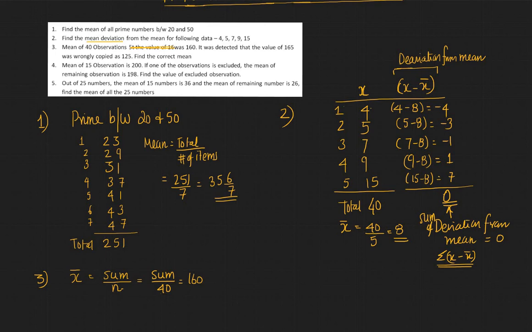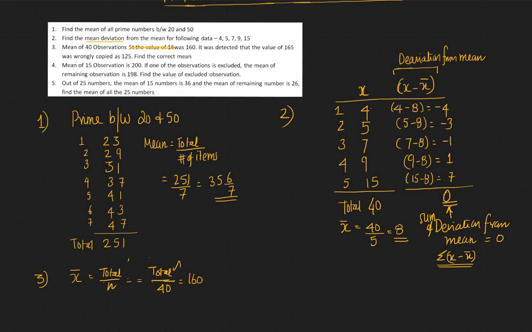So the total or sum is something that we can find out, because your mean is nothing but the total divided by the number of items, n. Here we don't know what the total is, but we can find it, because n we know and mean we know.